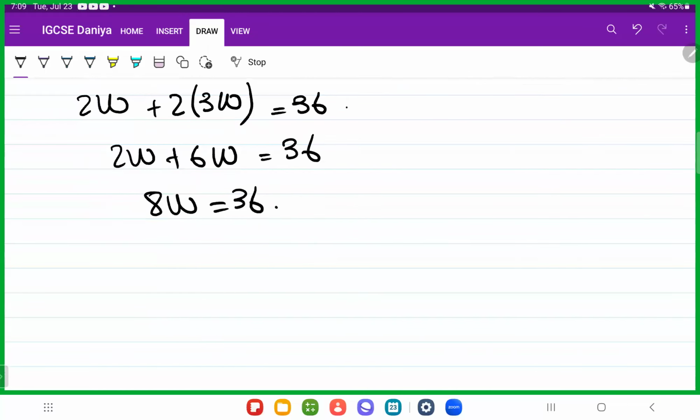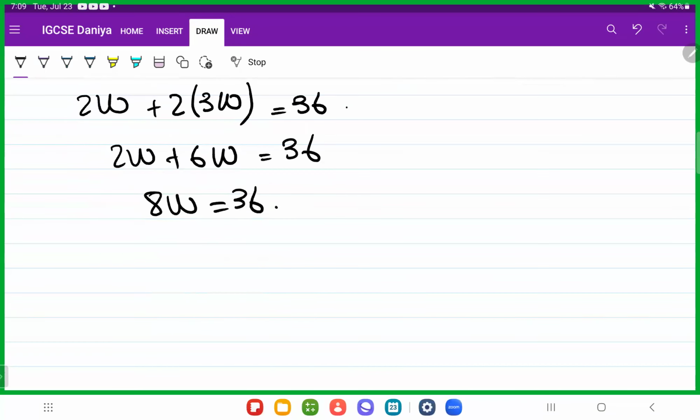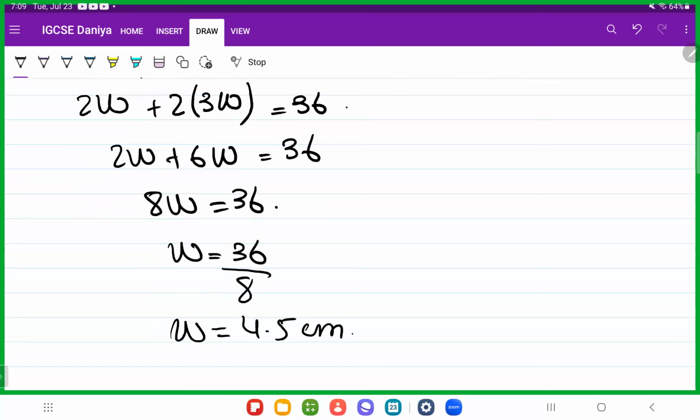Let me check. Yes, it's 36. So w is basically 36 upon 8, which is 4.5 centimeter. So over here you have found the width.